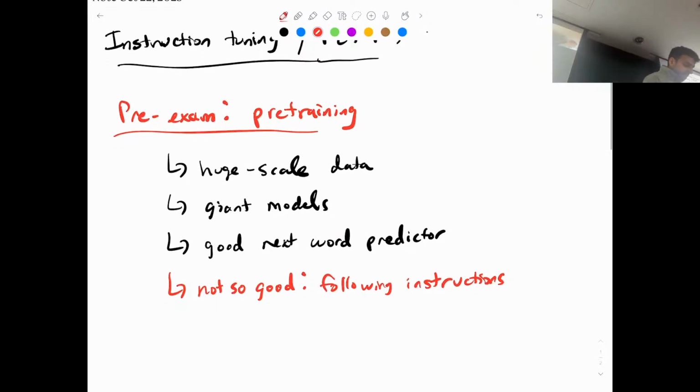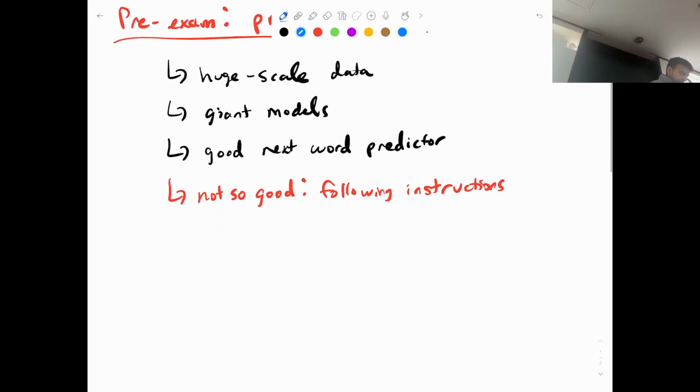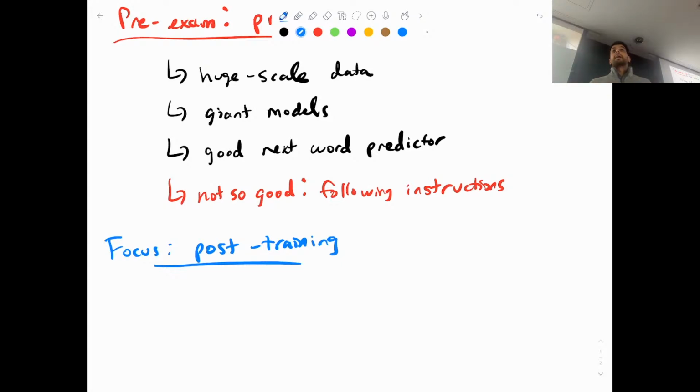So all of this, instruction following and safety alignment, is under the umbrella of post-training. And so, broadly, our focus for the rest of the semester is going to be on various things related to post-training, and your second exam will likely primarily be about different post-training methods that we discuss for the remainder of the class.